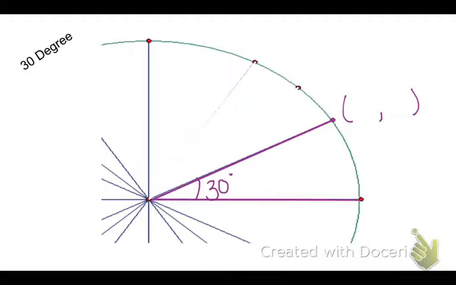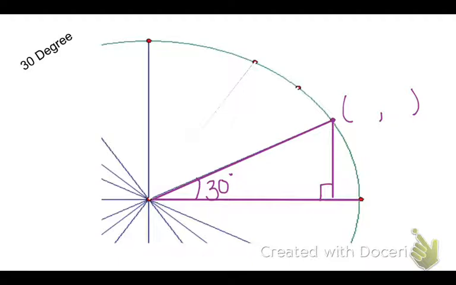The only way to utilize the 30-60-90 rule is to have a right triangle. So we are going to drop an altitude, or a line straight down from the coordinate to my initial side, so that I can create a right triangle.